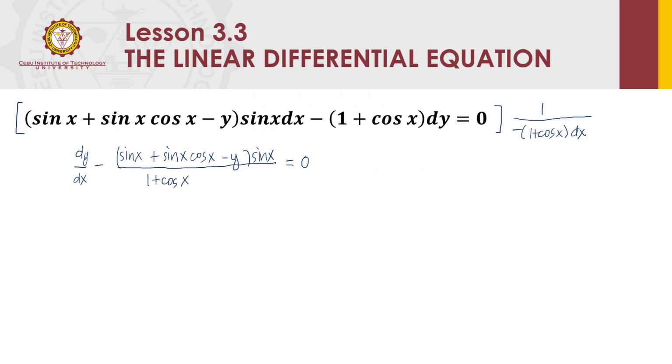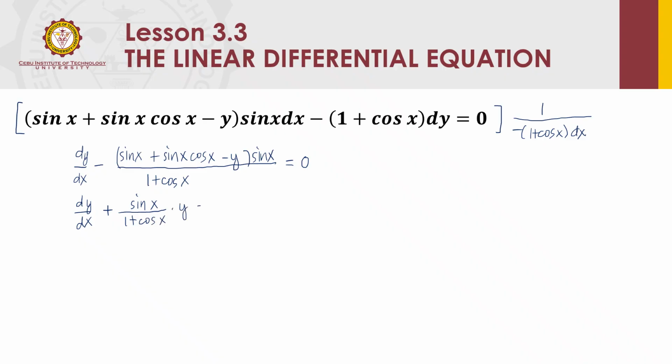So rearranging the terms, distributing the negative sign here and here, it's plus sine of x over 1 plus cosine of x, the pure x function multiplied to y.